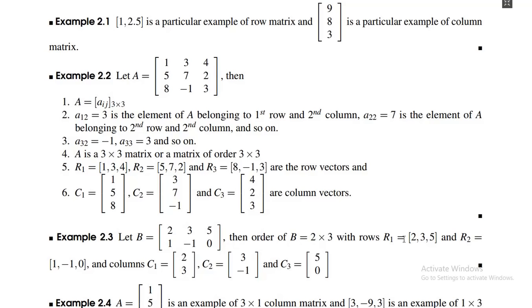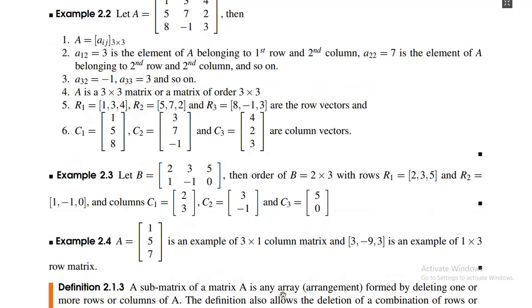The first row of matrix B is 2, 3, 5, and row 2 is 1, minus 1, 0. The first column of matrix B is 2, 1, column 2 is 3, minus 1, and column 3 is 5, 0.